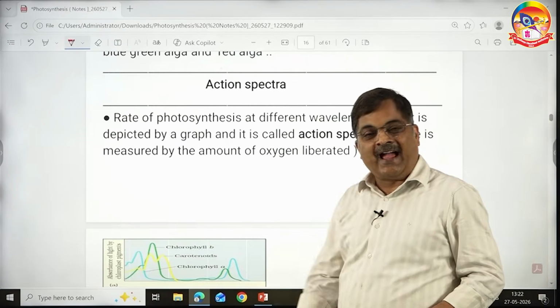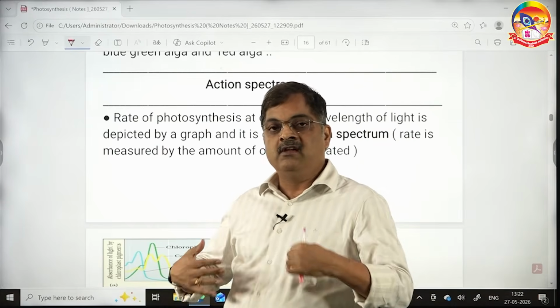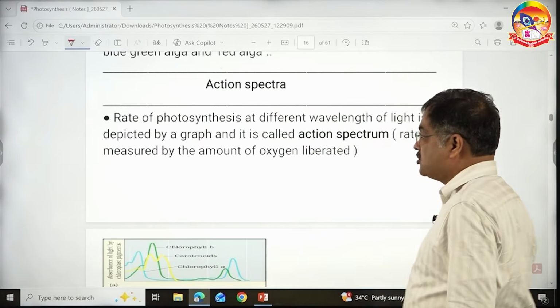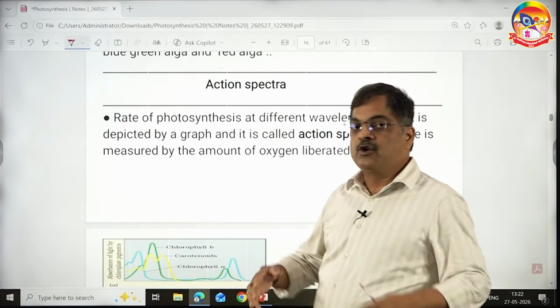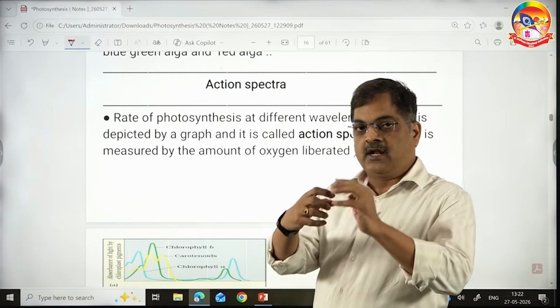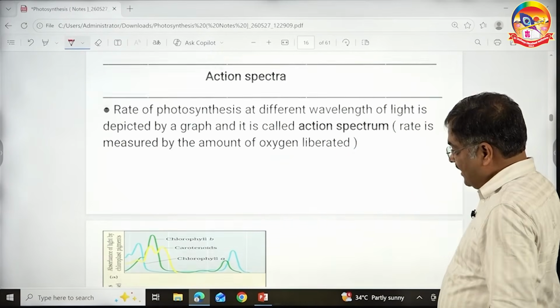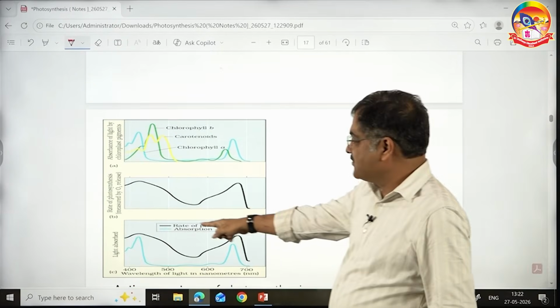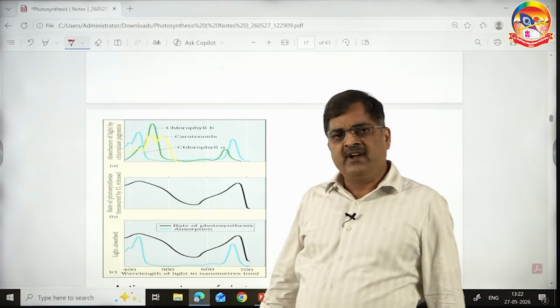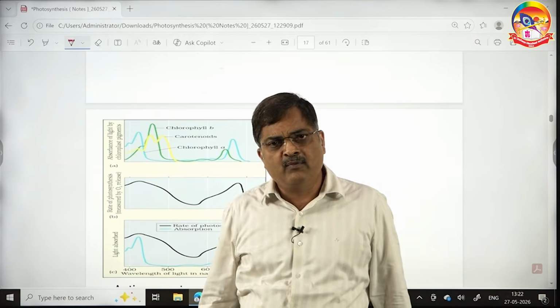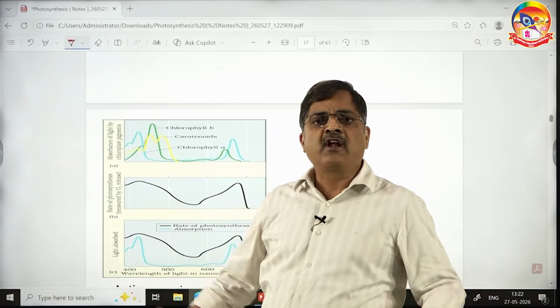Then we talk about action spectrum. We again talk about Engelmann. He for the first time reported a graph which explains the rate of photosynthesis at different wavelengths of light. All right. Now look here, children. This is it. Observe this. How do you know the rate of photosynthesis at different wavelengths of light? By the amount of product formed.